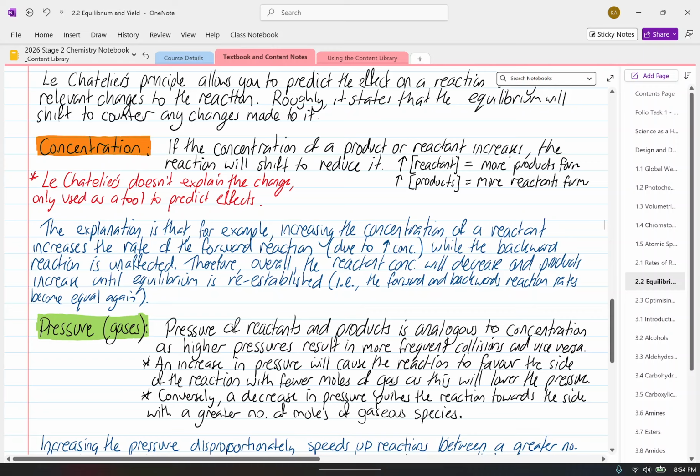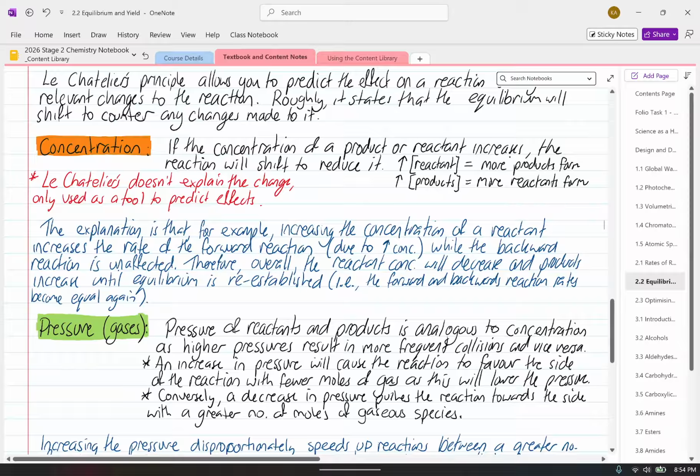So pressure of gases, it's a very similar deal. As I said, it's analogous to our concentration for both gases and liquids, stuff in solution, but pressure is for gases. If you increase the pressure, you're going to have a faster reaction, similar to if you increase the concentration.